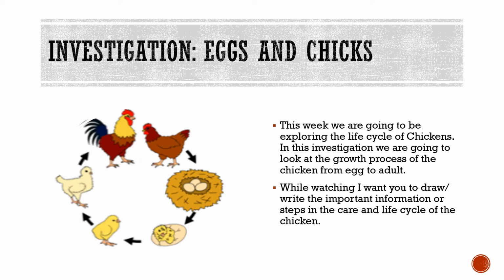Notice in the picture, we show how it begins with a hen, to eggs, to the eggs hatching, a chick, a young chick, and finally an adult chicken, in this case, a rooster. So while you're listening, jot down the things that you find interesting so you can refer back to them later and maybe explain them to your friends and family.